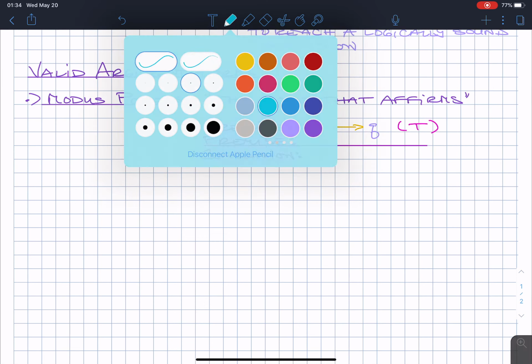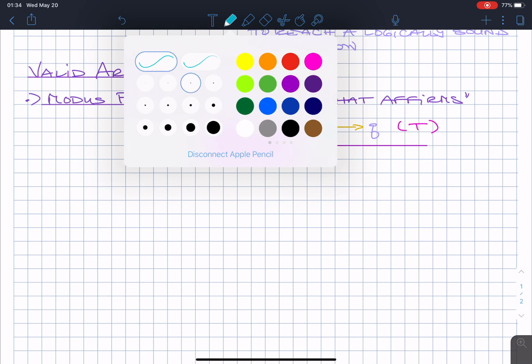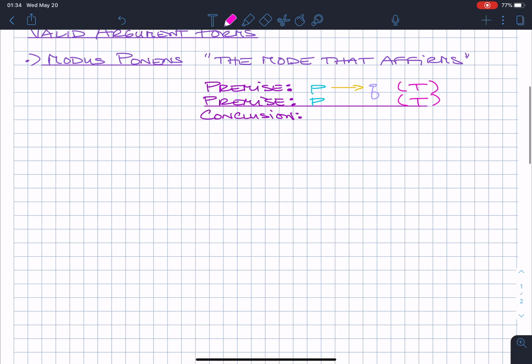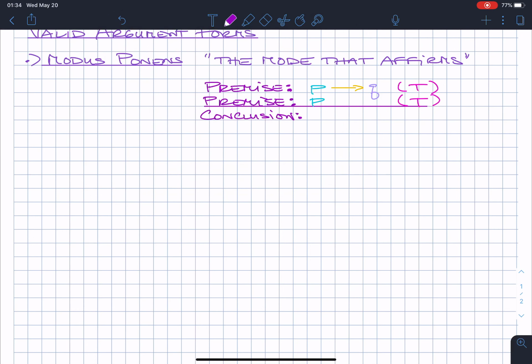We're also given P, which means we're told P is true. So, an implication, what can we conclude? Let's look at both premises.